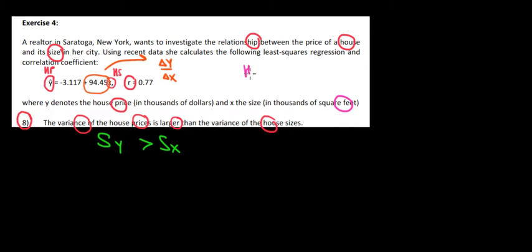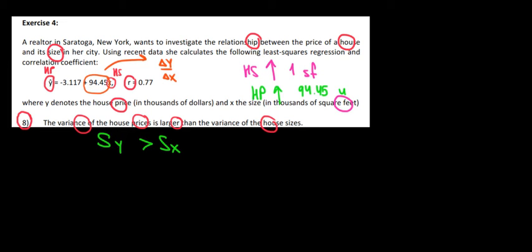So if the house size increases by 1 unit, so to speak, the house price, the dependent variable, the outcome variable, increases by 94.45 thousands of dollars. So that's how we measure the units, 94.45 units, and that is thousands of dollars. So this is what the coefficient is showing us, the relationship.